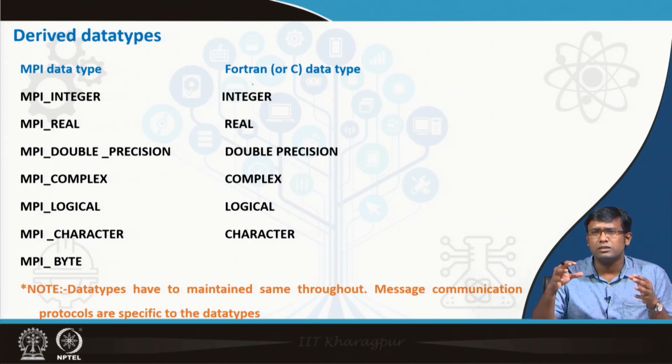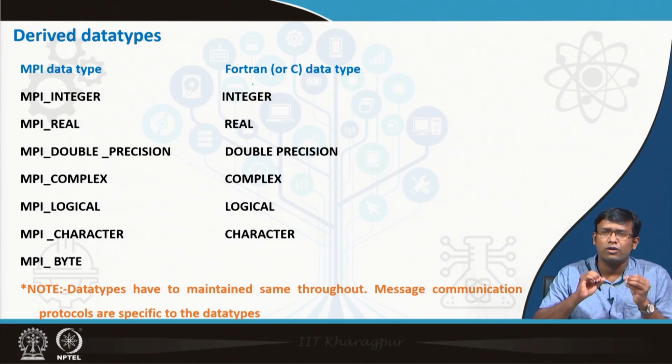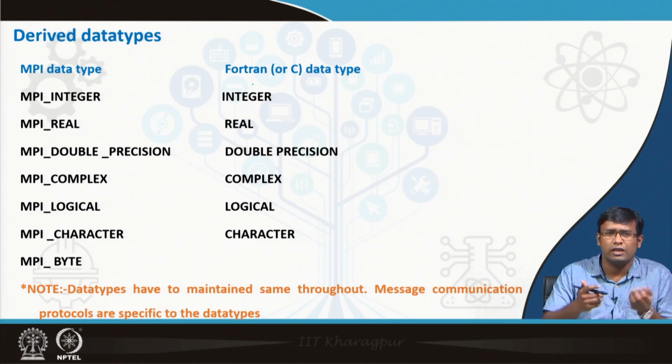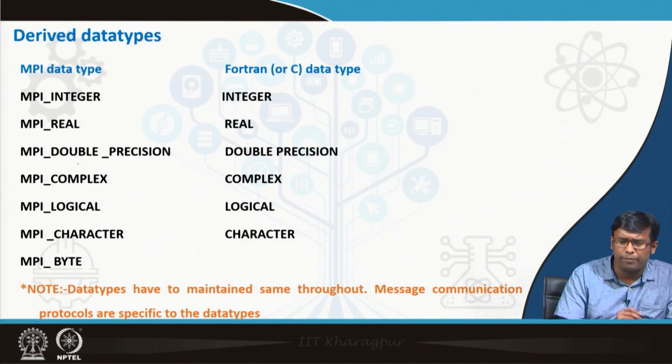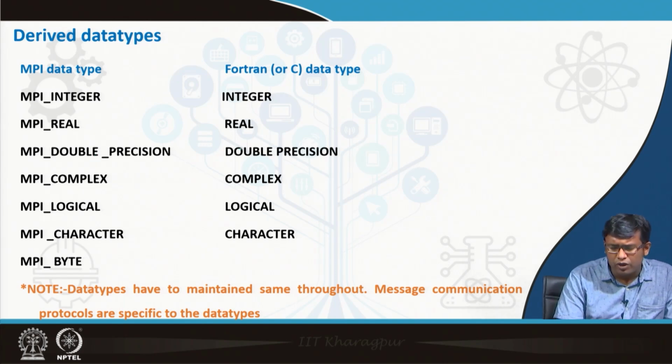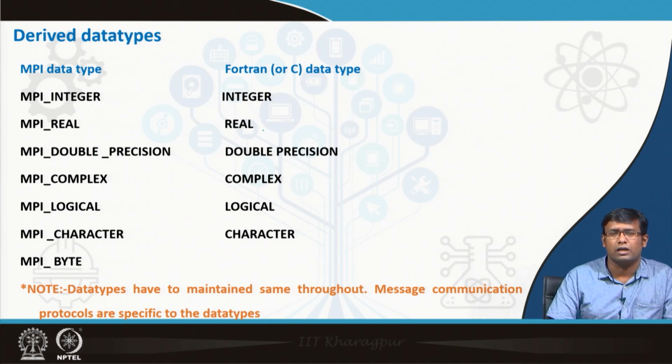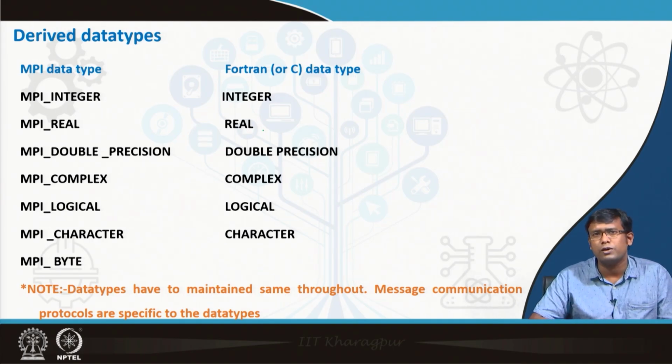There might be heterogeneous systems connected through the interconnect, and MPI has built a communicator across them. So, the data in transit must follow MPI's own data types, and therefore, we use MPI integer, MPI real, MPI double precision, or in case of C we will use MPI float, corresponding to the Fortran and C data types. We will not write the simple C or Fortran data type here.